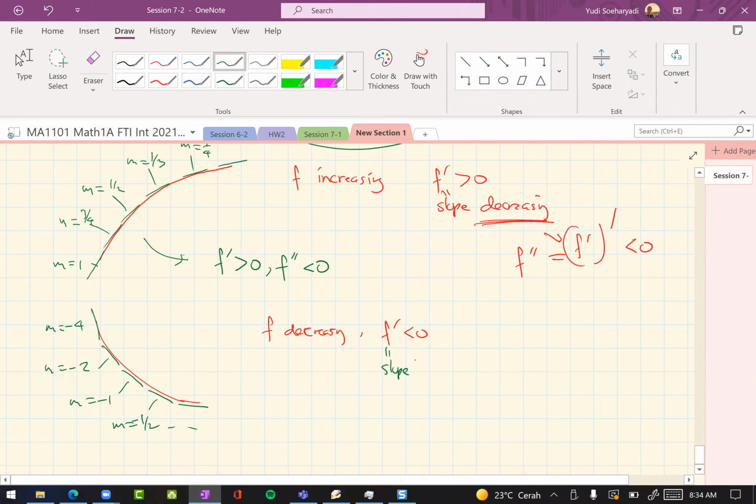So what can you say about the slope of the tangent line as you move from left to right? From negative 4, negative 2, negative 1, negative 1/2. So what can you say about the slope? Smaller? The number looks smaller if you think about 4, 2, 1, 1/2, yes, it gets smaller. But see, this is negative.